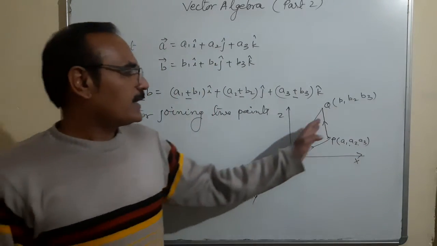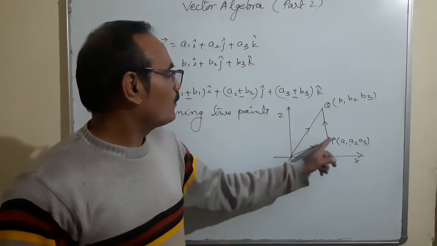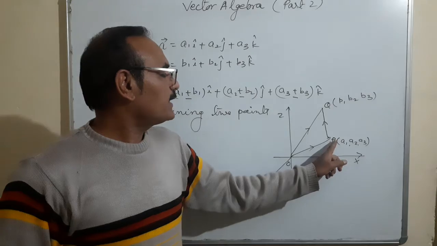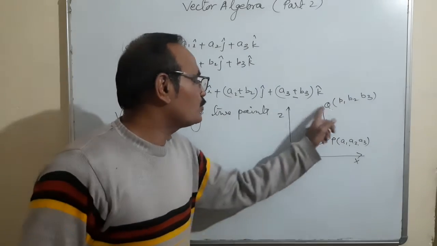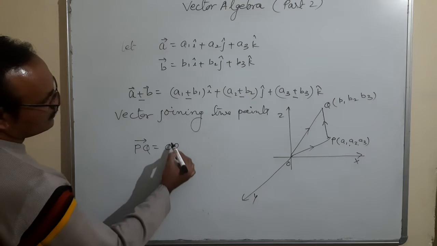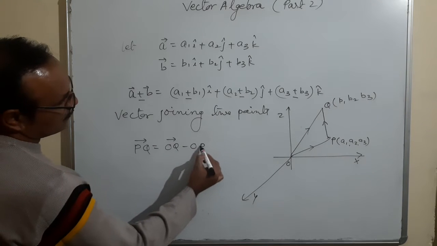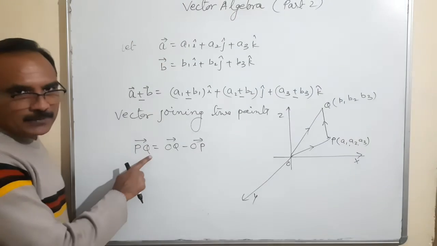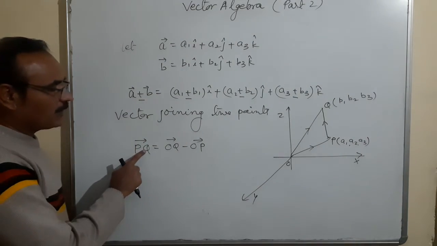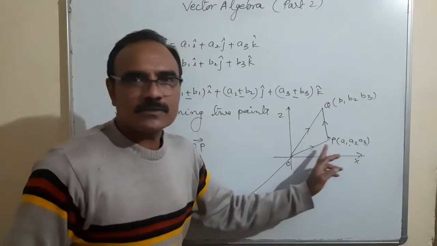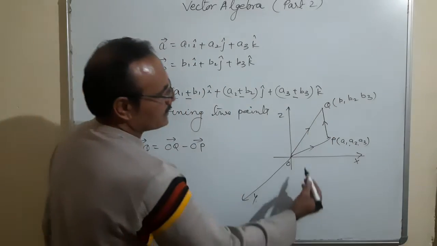By the triangle law of vector addition, OP plus PQ is equal to OQ. So PQ is equal to OQ minus OP. Because this is the initial point and this is the terminal point, it is terminal point minus initial point.